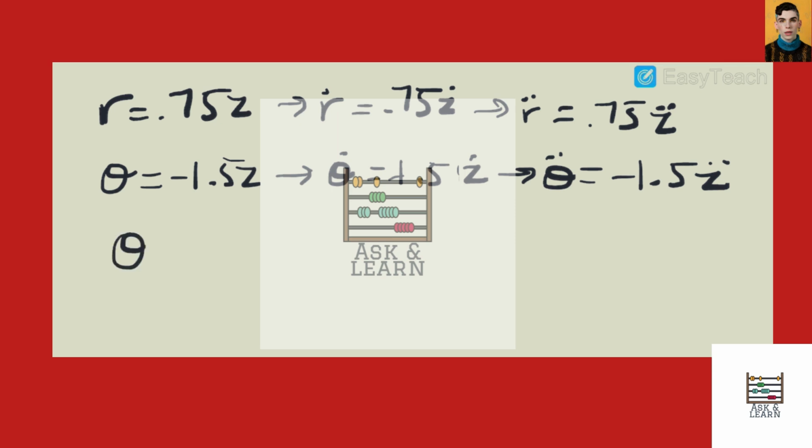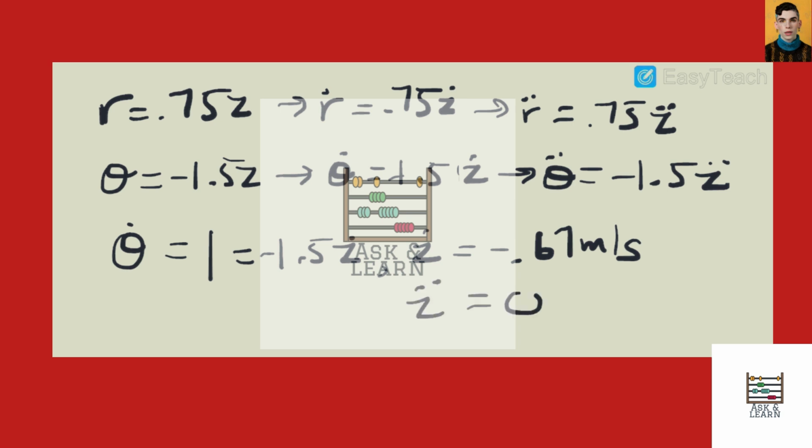So we know that theta dot is equal to 1 radian per second, which is given to us. And that's equal to negative 1.5 z dot. Therefore, we know that z dot is equal to negative 0.67 meters per second. And we know that z double dot is equal to 0.